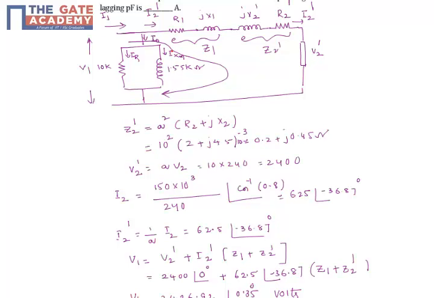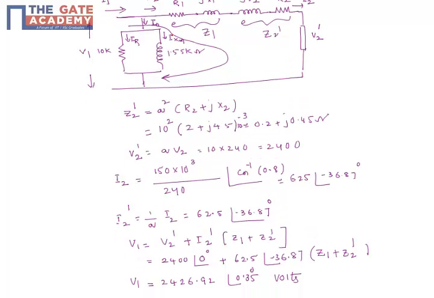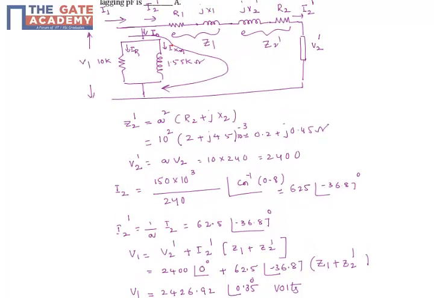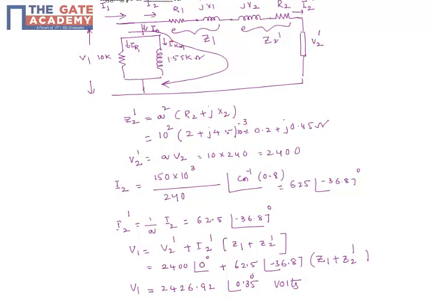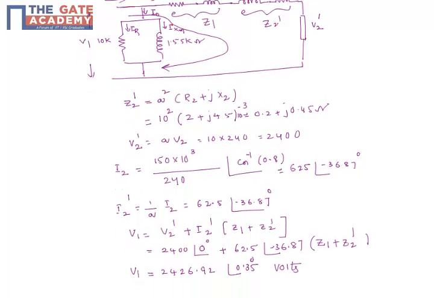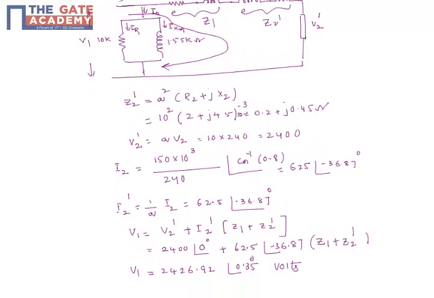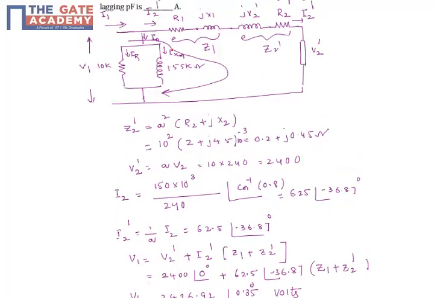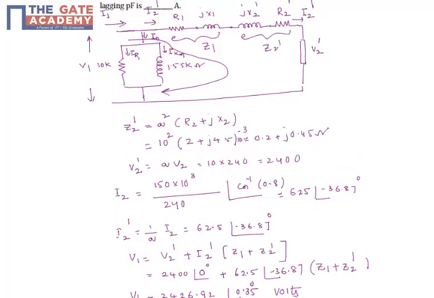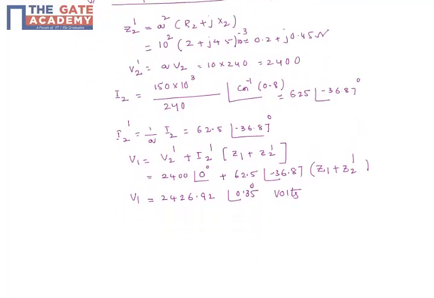So in order to find the input current, in addition to I2 dash, I have to find I0 as well. So how do you find I0? If I know V1. That's why I have calculated V1. Once you know V1, you can find IR and IXM. Then you add those two phasorially and you will get I0. Once you get I0, plus I2 dash will become the input current.